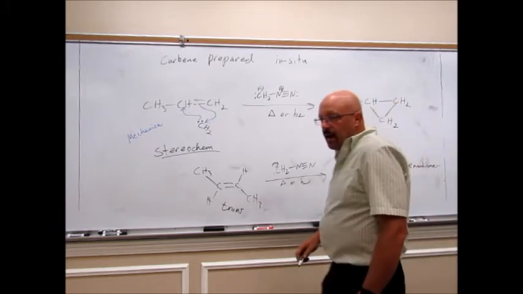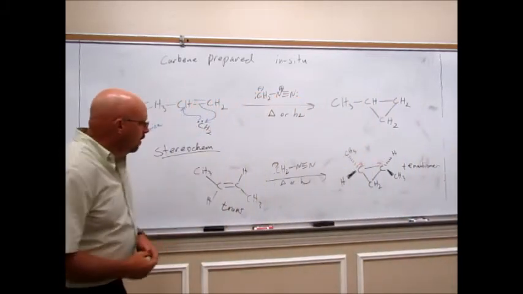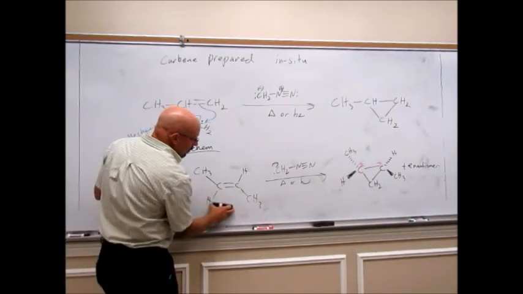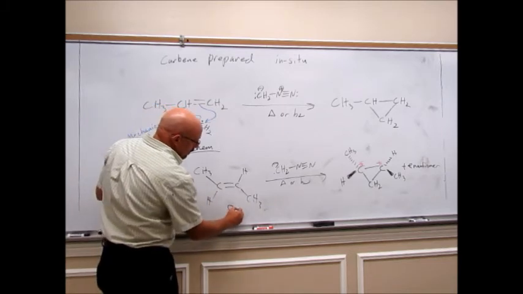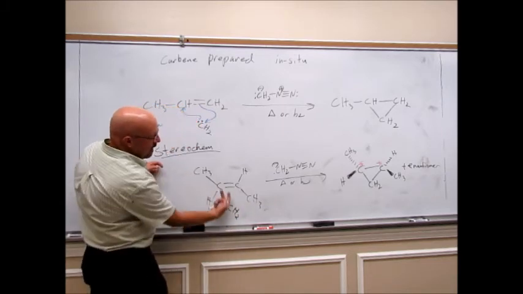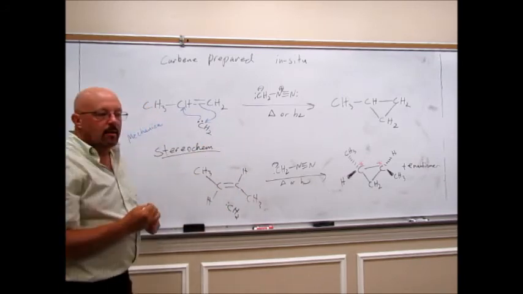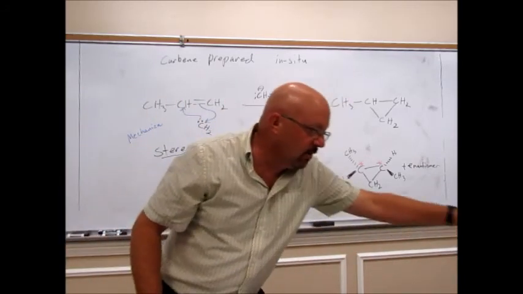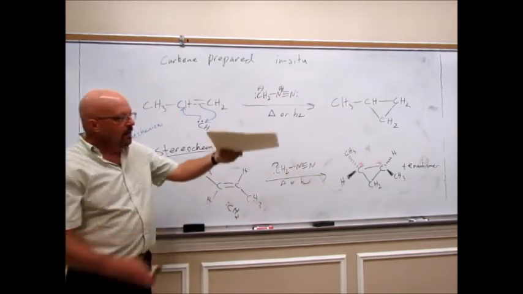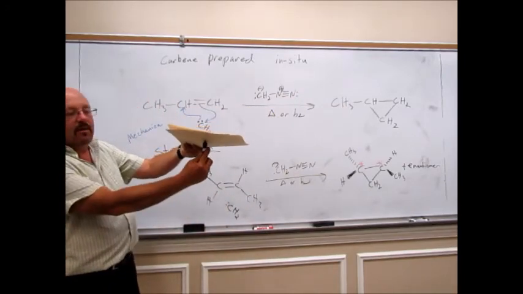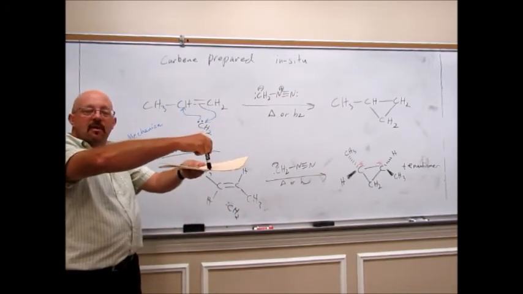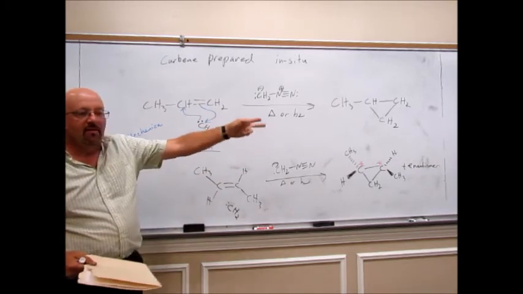This will have an enantiomer. Because I brought my carbene in here on the bottom for that one. I brought it in from the bottom and reacted, but the carbene could have come in from the top because that alkene starting material there is flat. It doesn't matter whether the carbene comes in from the bottom or the top, it's the same thing. So that's why we get the enantiomers.